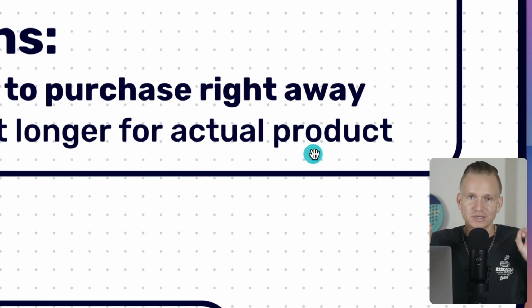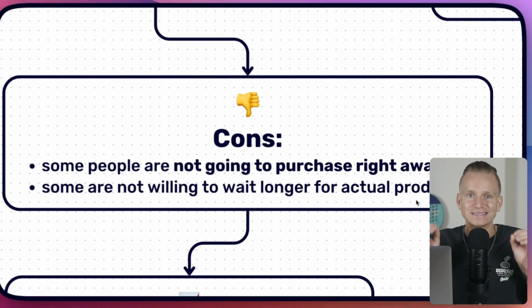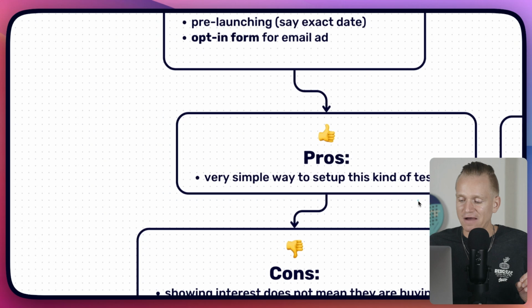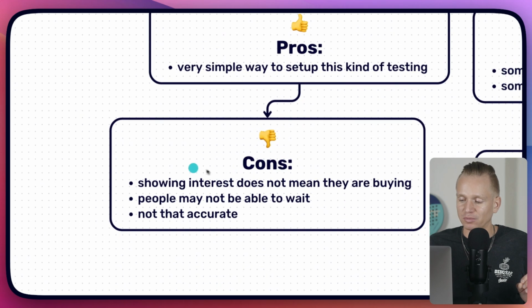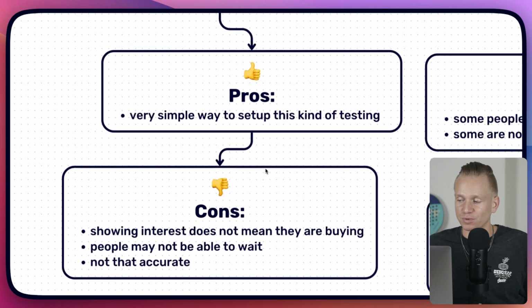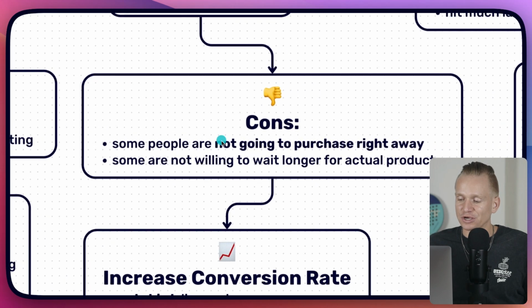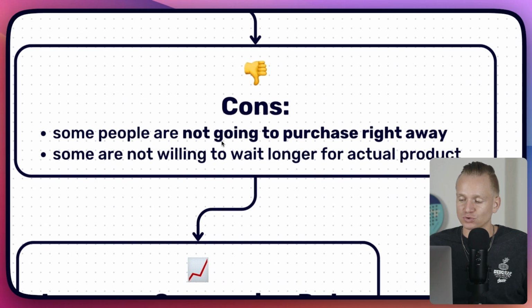They want to purchase the product right here and right now. And in the method that we talked about before, people haven't purchased yet, so once you email them that, oh yeah, I created this product, then they are willing to make the purchase. Whereas here, they might not be willing to make the purchase right away.